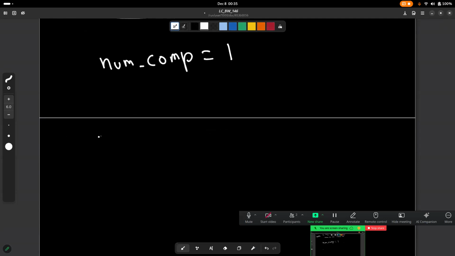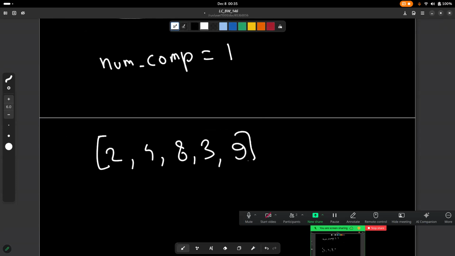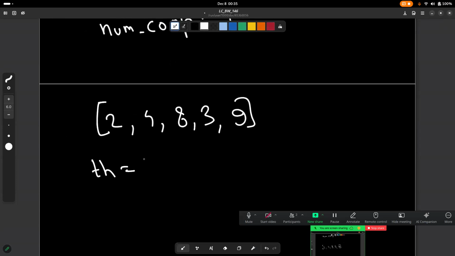What we do is we once again iterate over this 2, 4, 8, 3, and 9 array, and our threshold is 10.